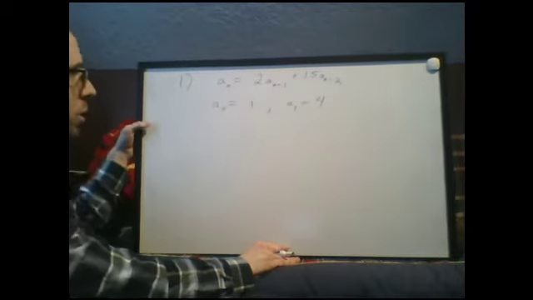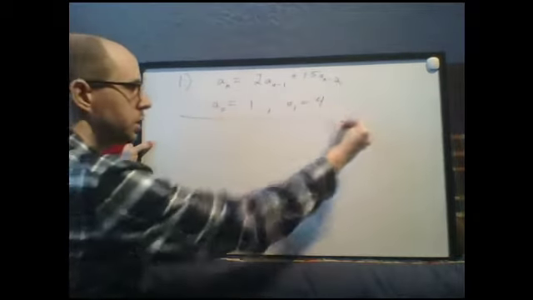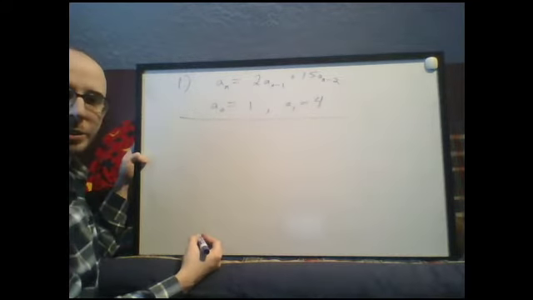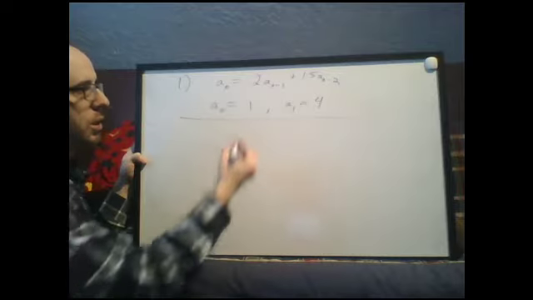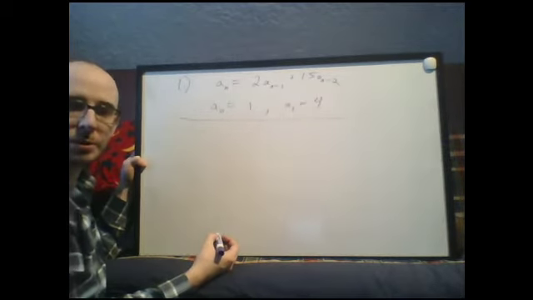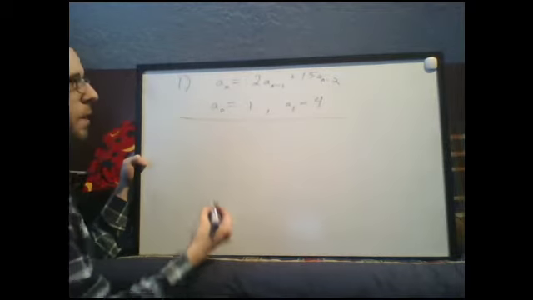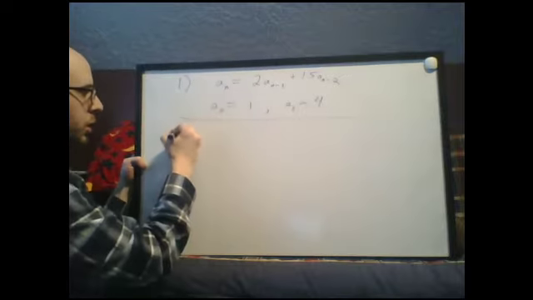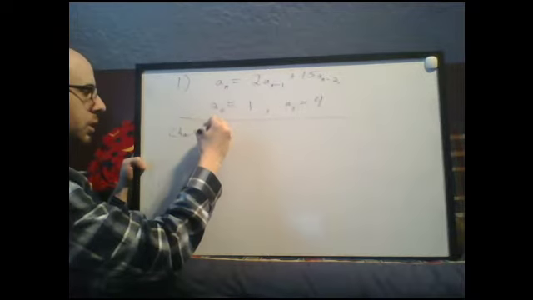All right, so question 1 is to solve this recurrence problem. This one is a homogeneous recurrence with initial conditions, so we are looking for one specific answer, one specific sequence that satisfies this. So our first step is we write the characteristic equation for this recurrence relation.